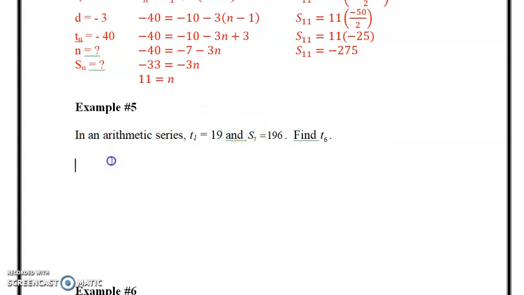Obviously we have T1 is equal to 19. We have S, so the sum of 7 terms is equal to 196, and we have the sixth term is equal to question mark. What we're looking for.